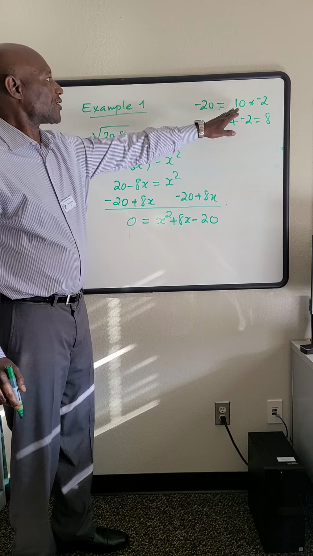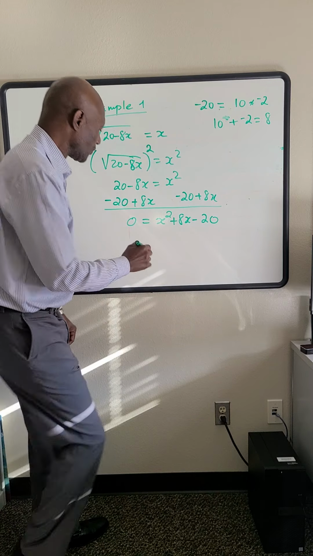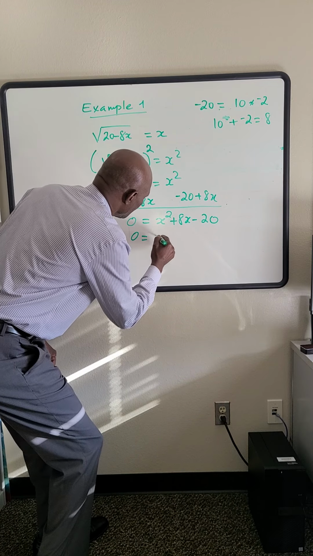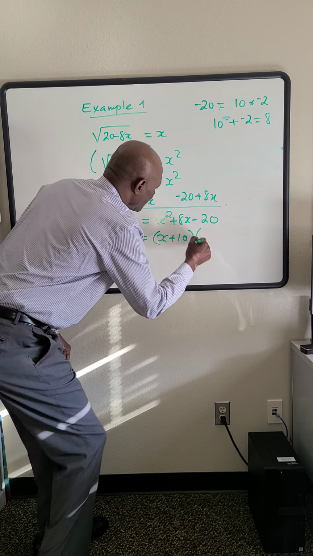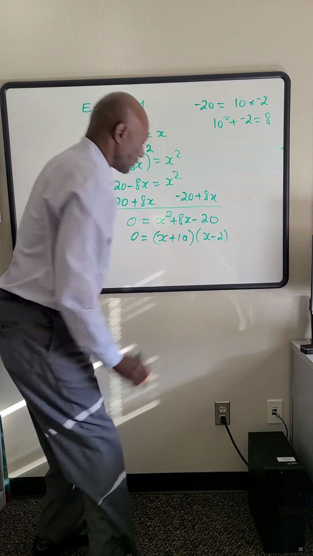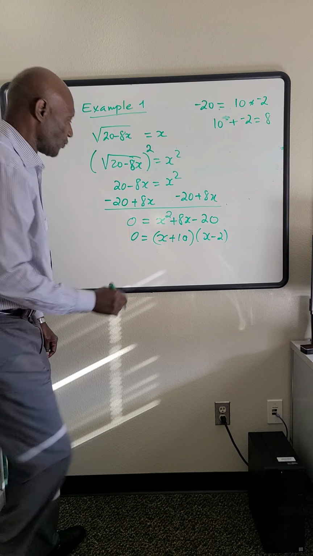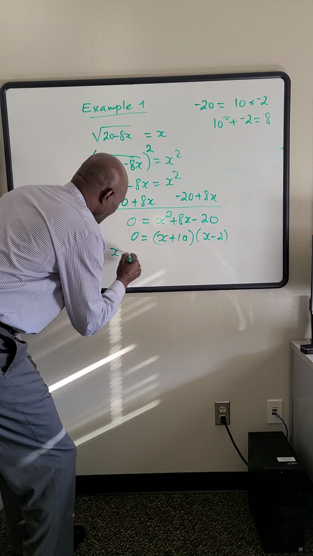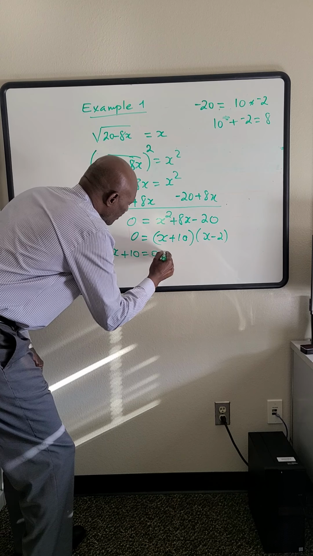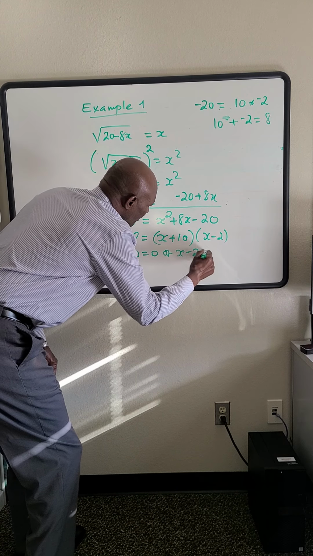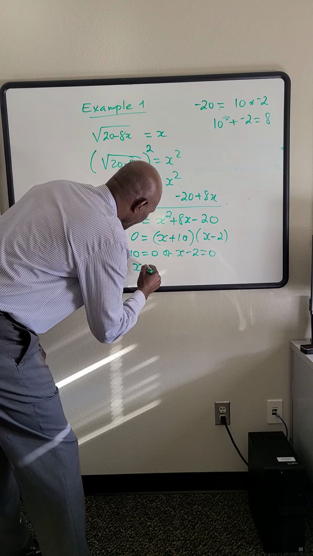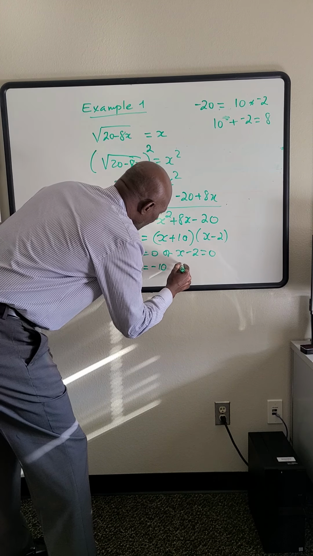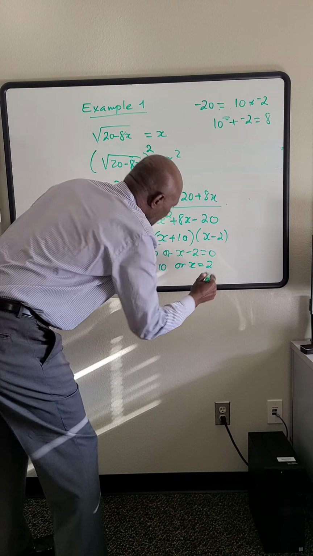So the two factors, 10 and negative 2, are good. So we can say 0 equal to x plus 10 times x minus 2. We set x plus 10 equals 0 or x minus 2 equals 0. So we end up with x equal negative 10 or x equal 2.